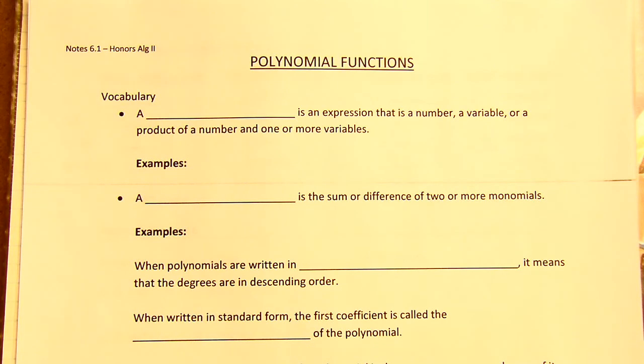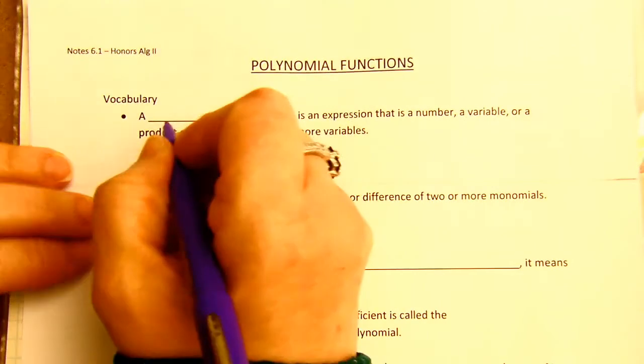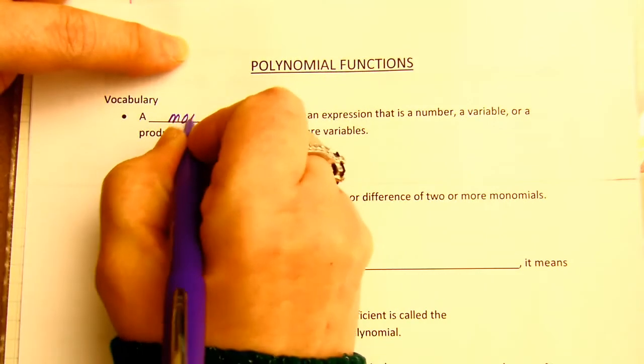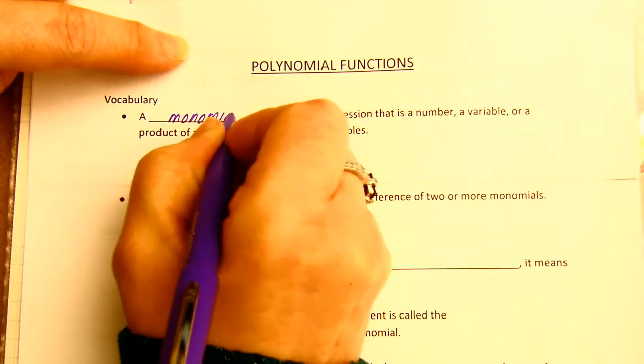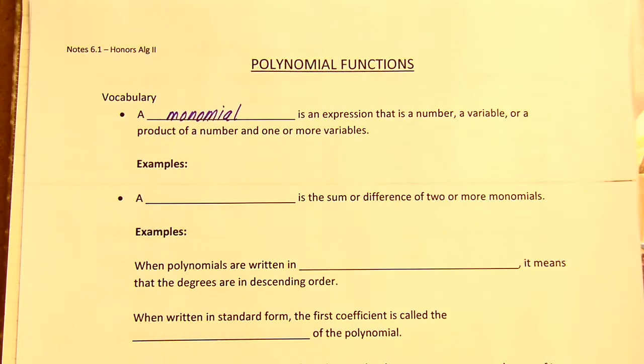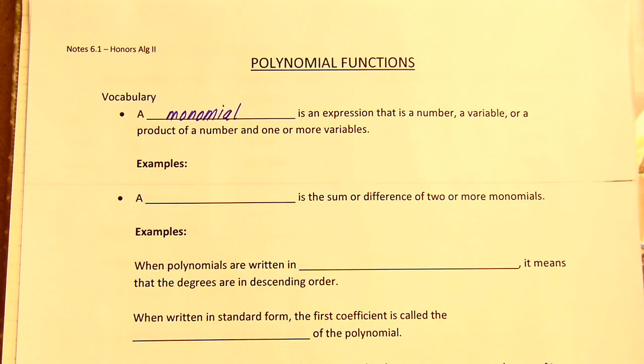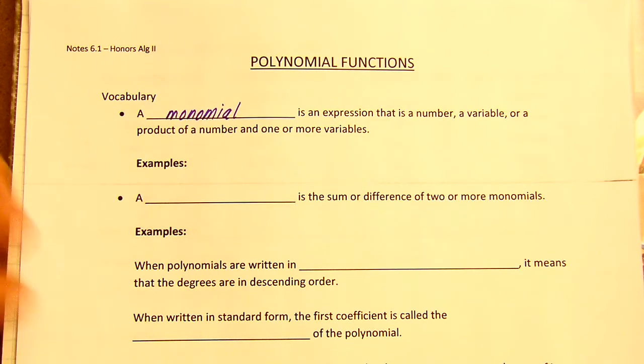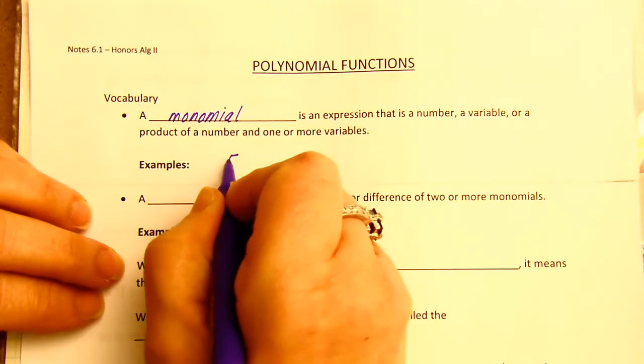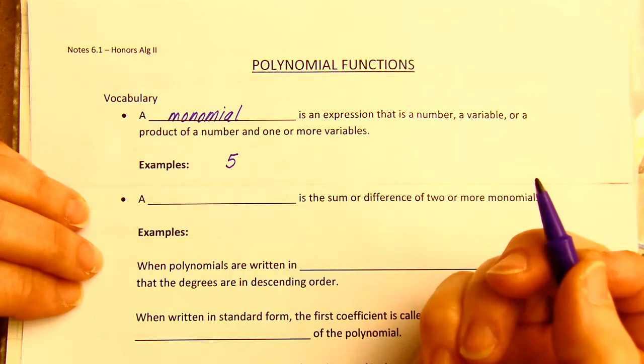All right, first definition. A monomial. So a monomial is an expression that is a number, a variable, or a product of a number and one or more variables. So, for example, 5 is a monomial.